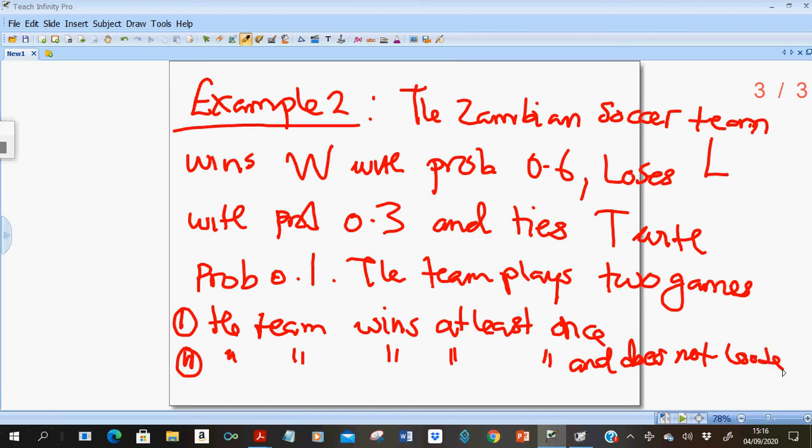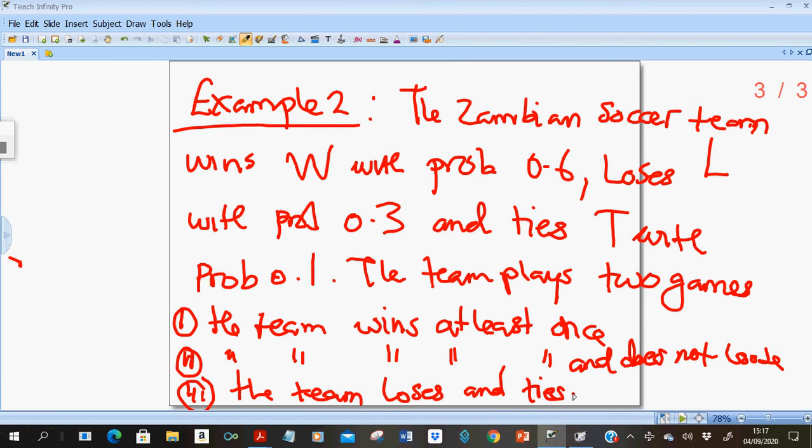And the last question is the probability that the team loses and ties. So we should find those probabilities.